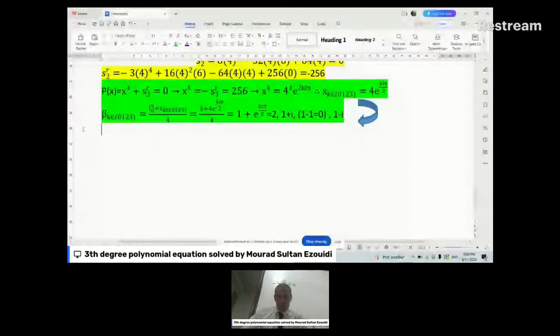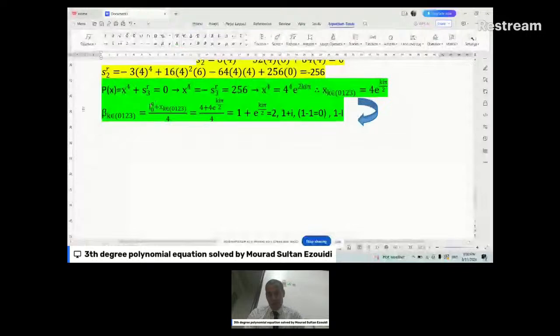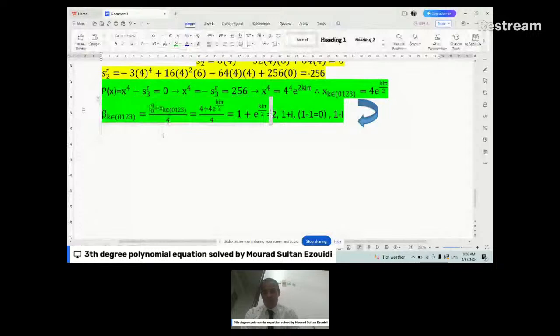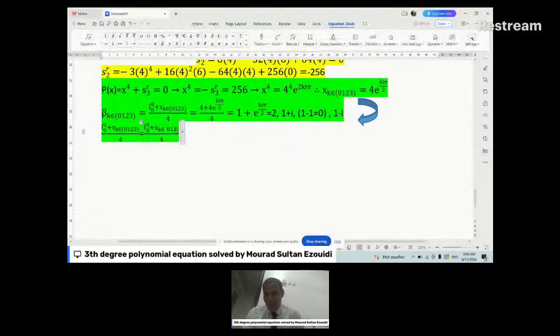Between these, I will explain something for you. There is a relationship between the x roots of a fourth degree polynomial equation and the x roots of a third degree polynomial equation. We have L0 of k equal to L0 for the cube plus something, from 0 to 3. I will suppose this is y, and this is 3.